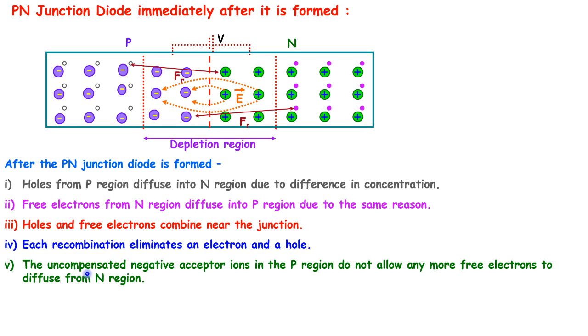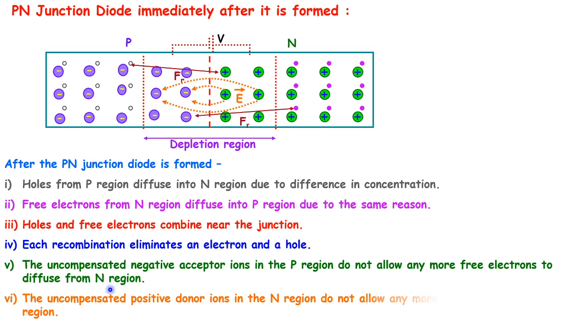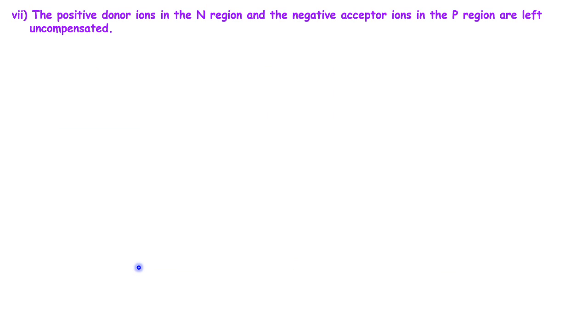The uncompensated negative acceptor ions in the P region do not allow any more free electrons to diffuse from the N region. The uncompensated positive donor ions in the N region do not allow any more holes to diffuse from the P region. So these are the holes and these are the electrons; they do not cross the junction.